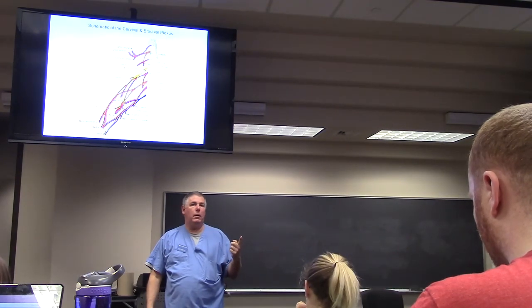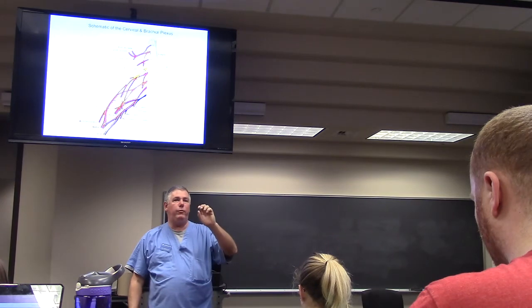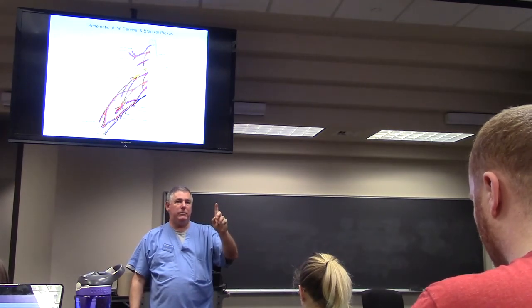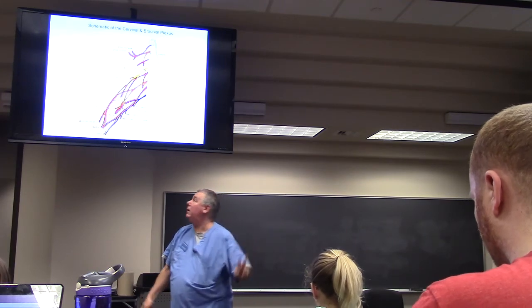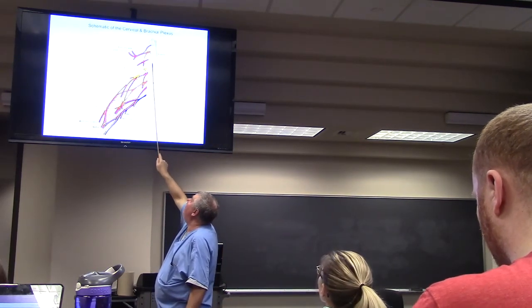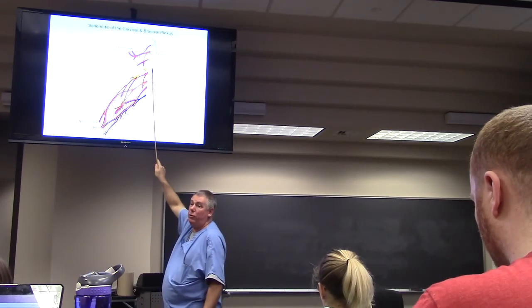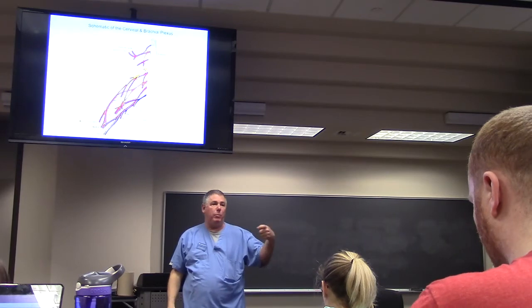What does it do? Give me about 37 seconds. C2 and C3 join together and form the inferior root of the ansa cervicalis. Ansa means loop.